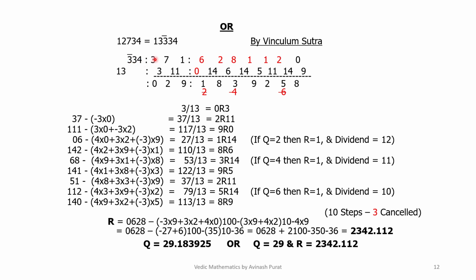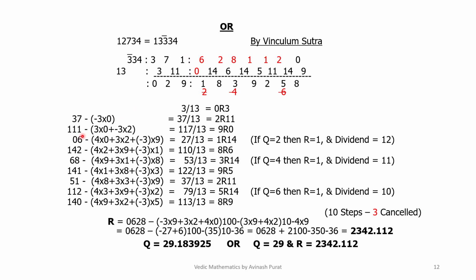Now 3 divided by 13 is 0, or 3. Now 37 is the next dividend, minus 3 into 0, that is 37 divided by 13 equal to 2 as quotient and remainder is 11.